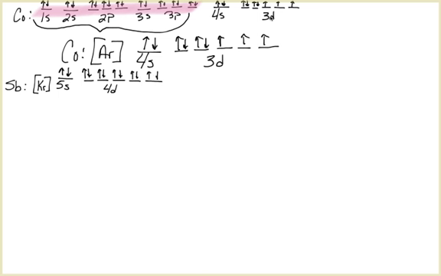And after 4d comes 5p. And with that 5p, we're going to have 3 lines to represent the 3 orbitals that are in the p sublevel. And antimony is 3 in the p block. So we would have 1, 2, 3 arrows to represent antimony.